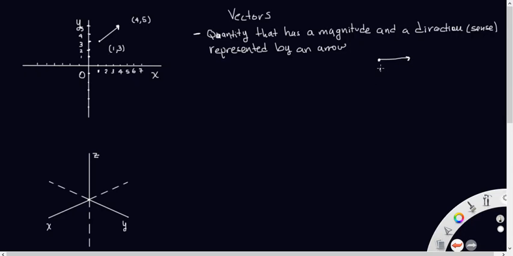All the length of the arrow, this length A, represents the magnitude, or the modulus, and this little point here represents the sense.